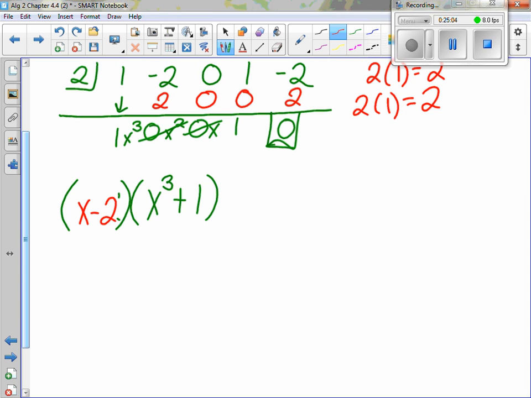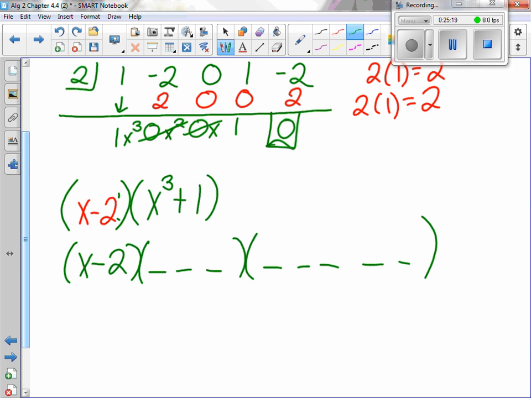Is this completely factored? Well, no, it is not, because this here is a sum of perfect cubes. Because we can take the cubed root of x to the third and get x.